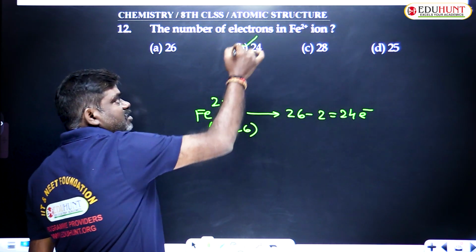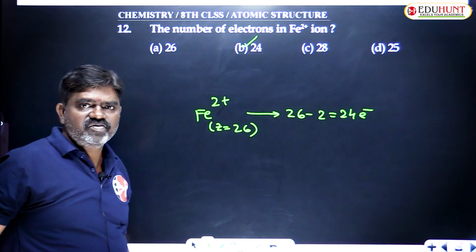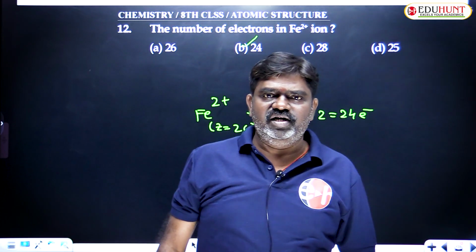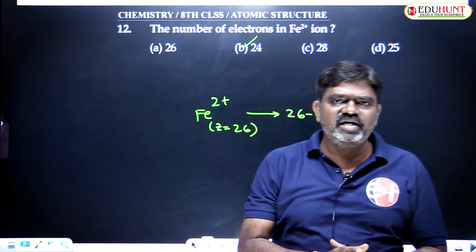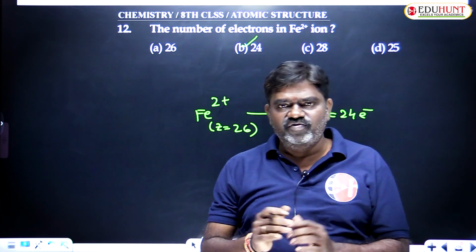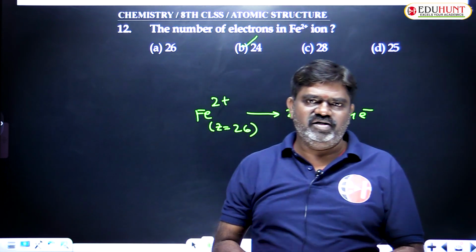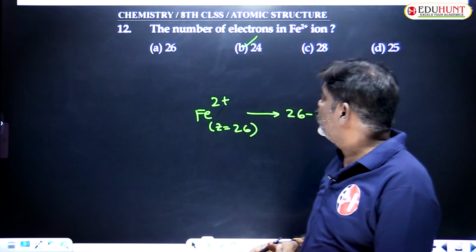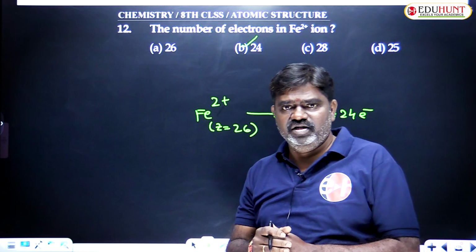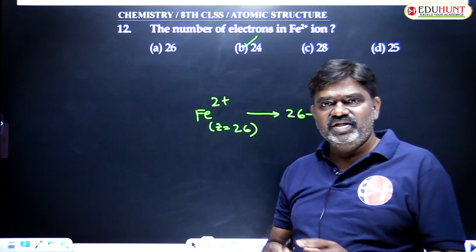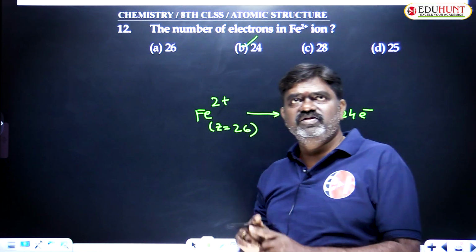If 2 plus is there, remove 2 electrons; if 1 plus is there, remove 1 electron. The atomic number of iron is 26, that is constant. So Fe2 plus means 26 minus 2, which is equal to 24 electrons.